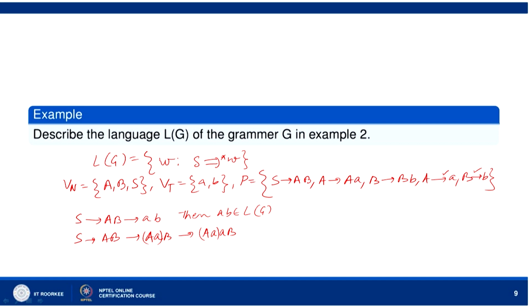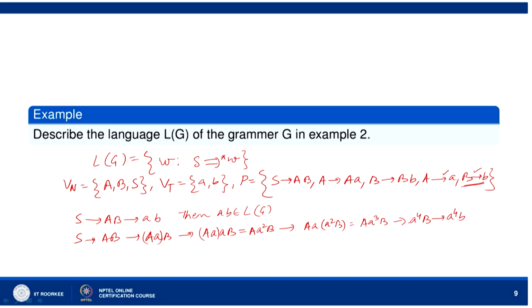So, we will have a square A B. Again we can say this goes to a cube A B. Now, if I replace A with a, I will have a to the power 4 b. Then B goes to bB. I can straight away use the production rule B goes to b, then I will have a^4 b.